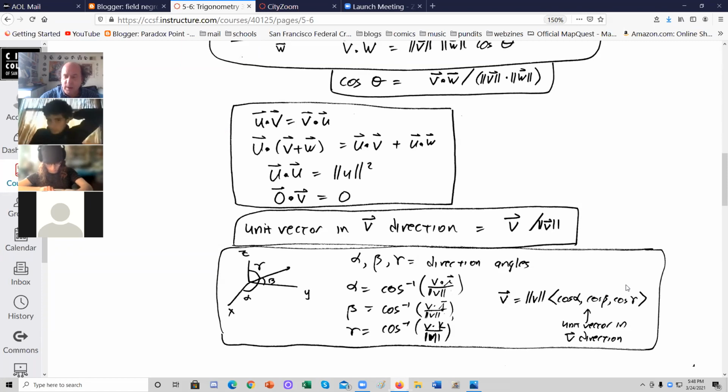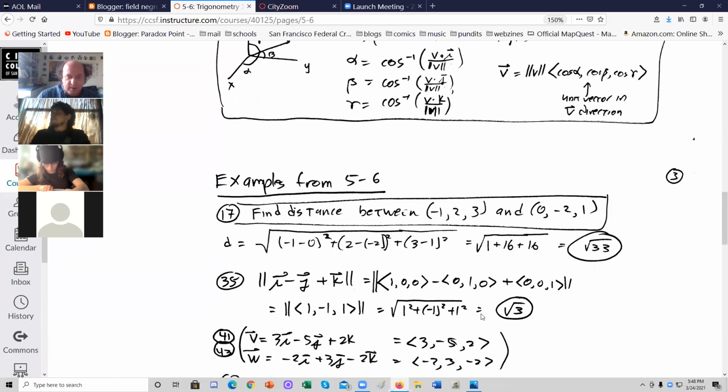This is the unit vector in the v direction. And alpha is arc cosine of v dot i, the unit vector in the x direction, over length of v. Beta is arc cosine of v dot j over length of v. Gamma is arc cosine of v dot k over length of v.